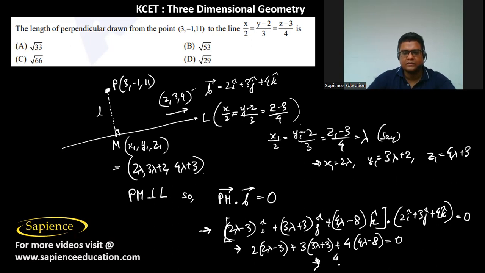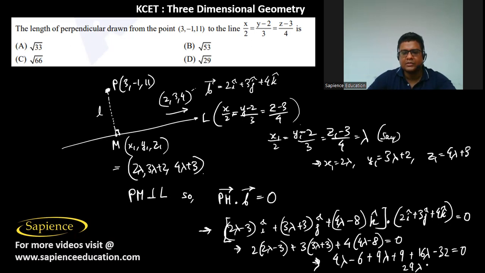So this will be 4 lambda minus 6 plus 9 lambda plus 9 plus 16 lambda minus 32, that should be equal to 0. Now 16 plus 4, that is 20, 20 plus 9, that is 29.